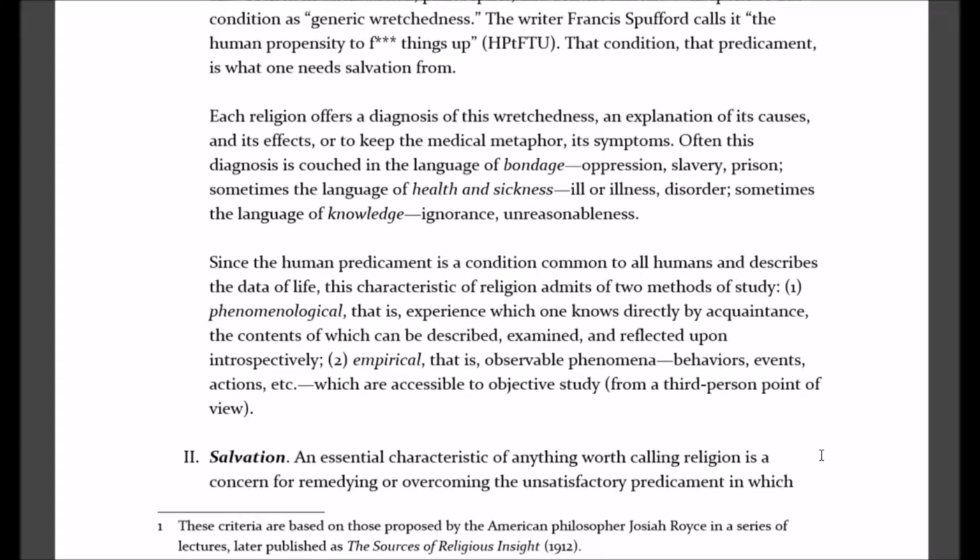So what the religions then do, characteristically at least, is examine the evidence for that predicament, to show just how bad it can be, and often is.